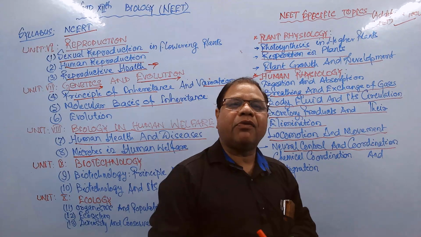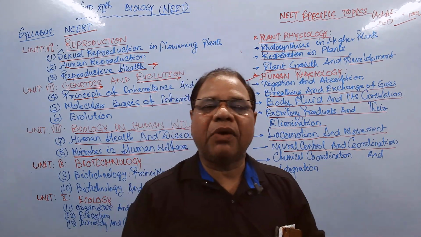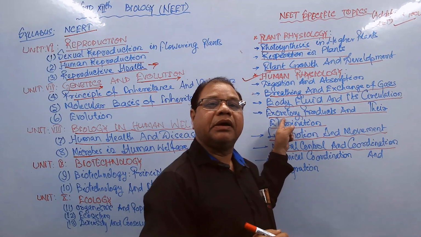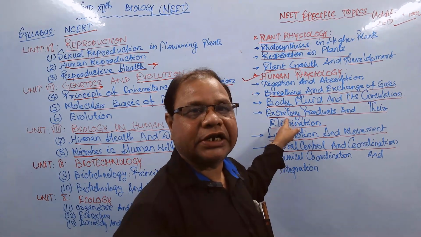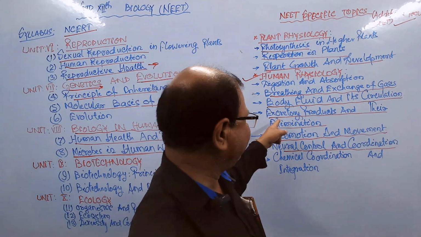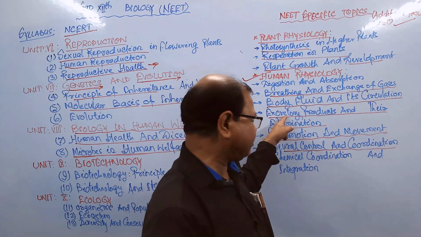Whatever diet we take, we must eliminate the waste from our body from time to time, because excretory products produce toxins. Toxins are very harmful for our body. We will discuss this topic at the time of the lecture.